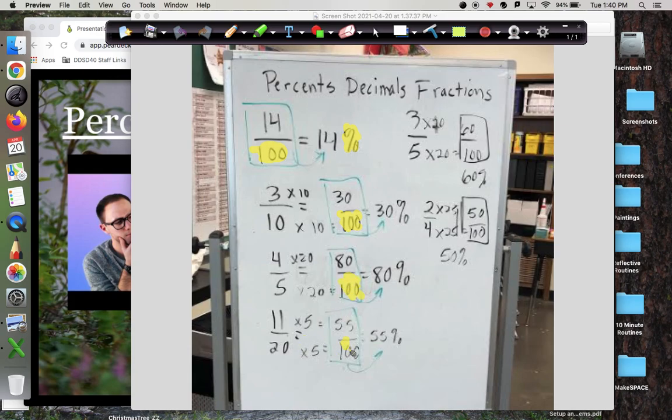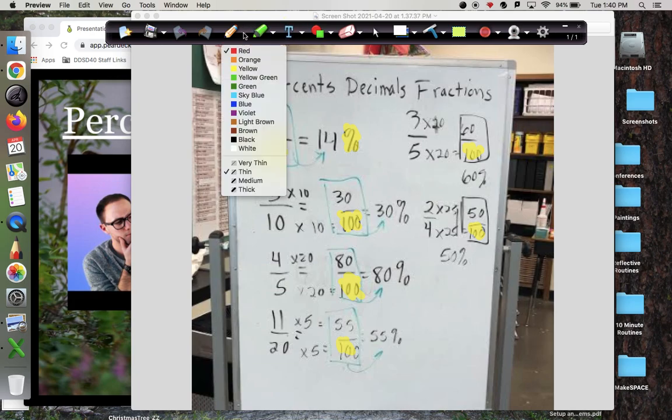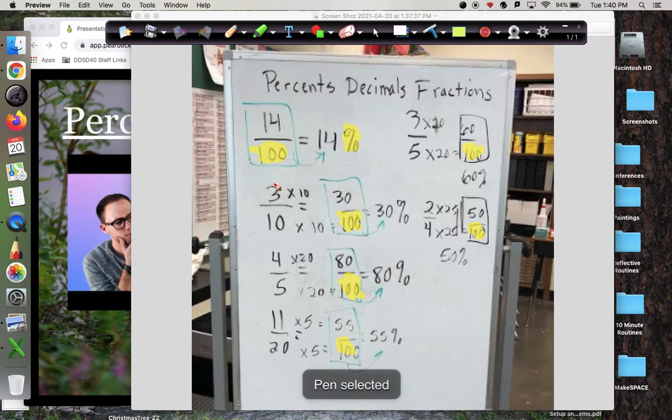What she did in the video was she just turned everything into hundreds. So if we were given a fraction, let's say that it was only 3/10, then it just needs to be multiplied by 10 so that it becomes 100, and it's an equivalent fraction.